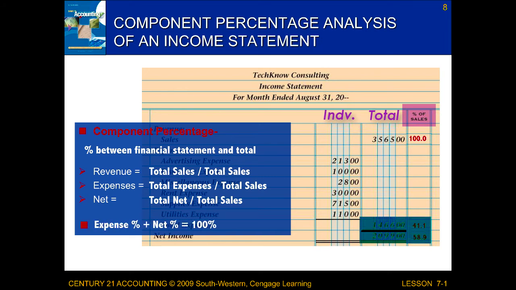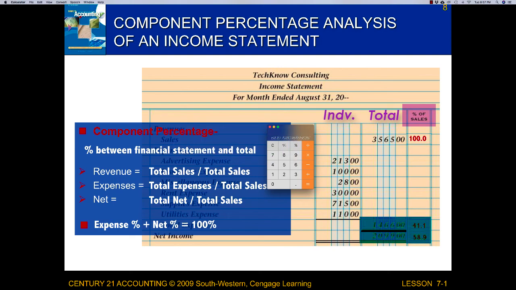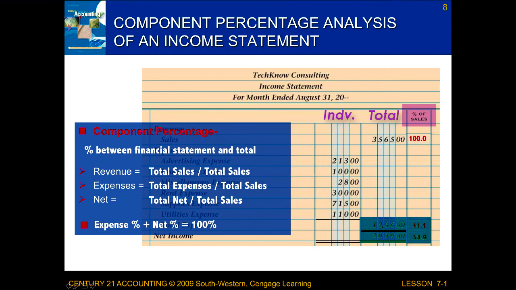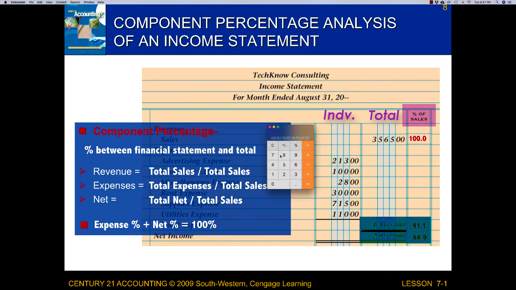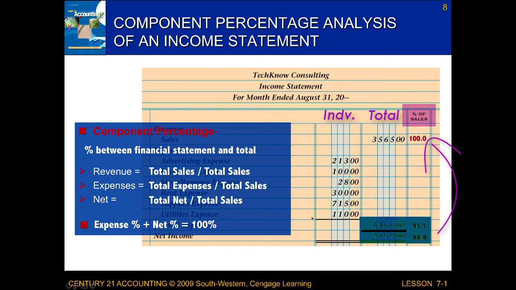So in this case, if I looked at my expense percentage of 41.1 and my net income percentage of 58.9, those should equal the 100% that I have of sales. So if I took 41.1 plus 58.9, I do get 100.